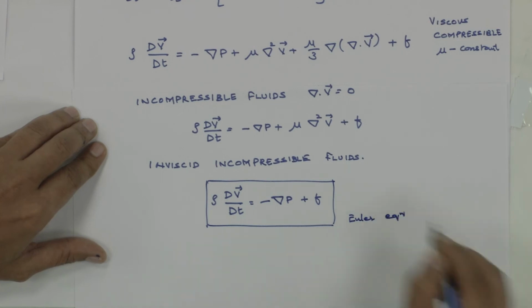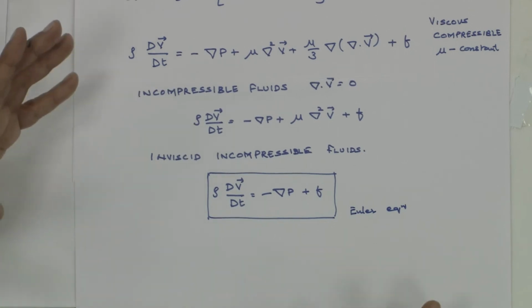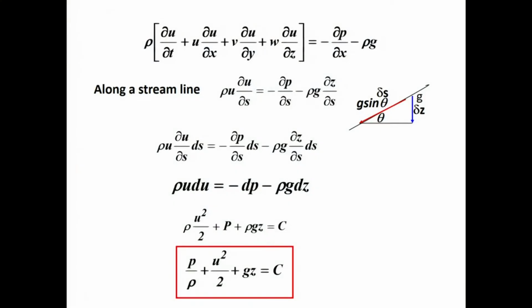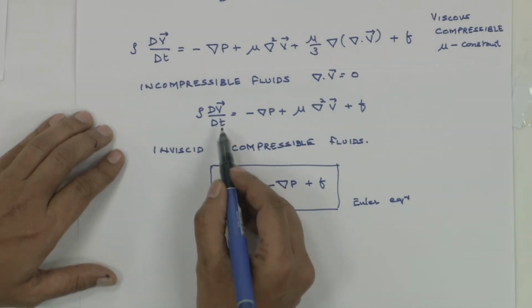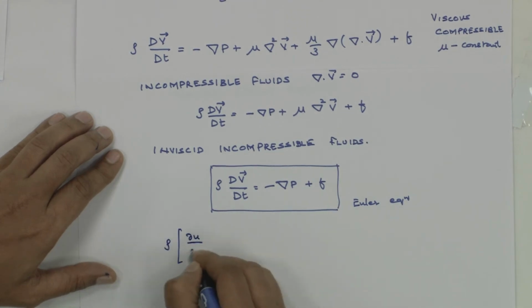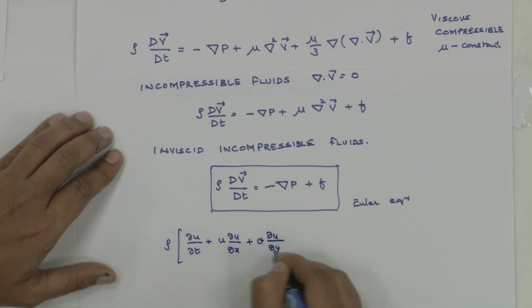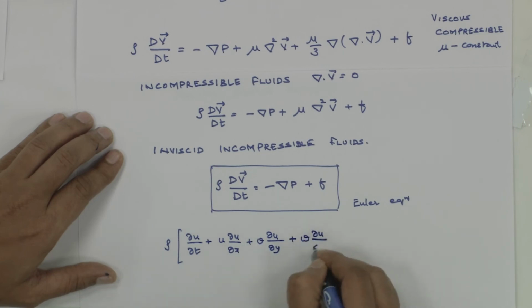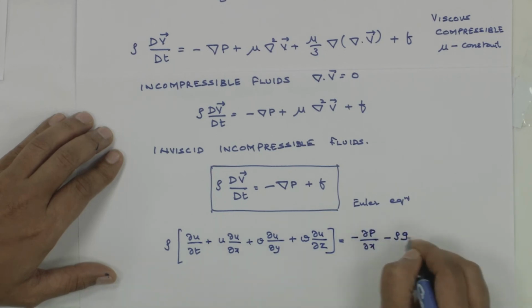So, let us do a little algebra. Just to get our regular Bernoulli equation, we would like to see how we can get that. If I expand this rho dV by dt, what will I get? Rho times del u by del t plus u del u by del x plus v del u by del y plus w del u by del z is equal to minus del p by del x minus rho g.